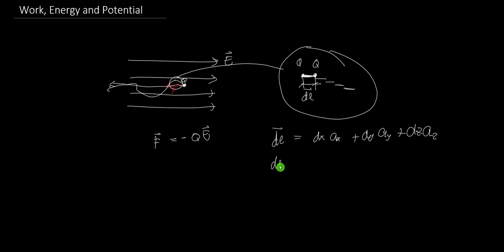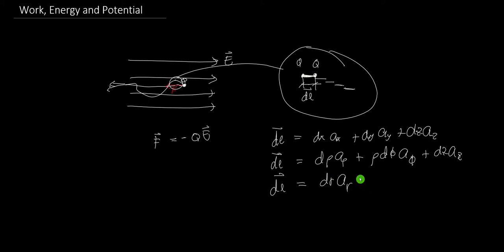In cylindrical, it is d rho in the rho direction, plus rho d phi, the arc length, in the a phi direction, plus dz in the az direction. For spherical coordinates, it is dr in the ar direction, plus r d theta in the theta direction, plus r sine theta d phi in the phi direction.